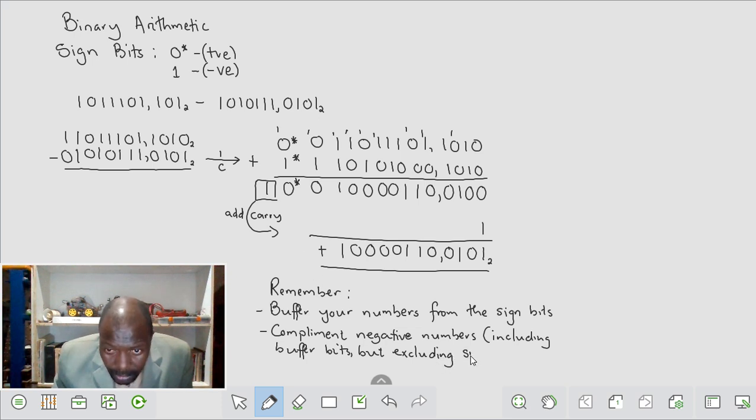You may not complement the sign bit. Yes, we did complement the buffer bit, but you don't complement the sign bit. Otherwise the rest of the rules follow.